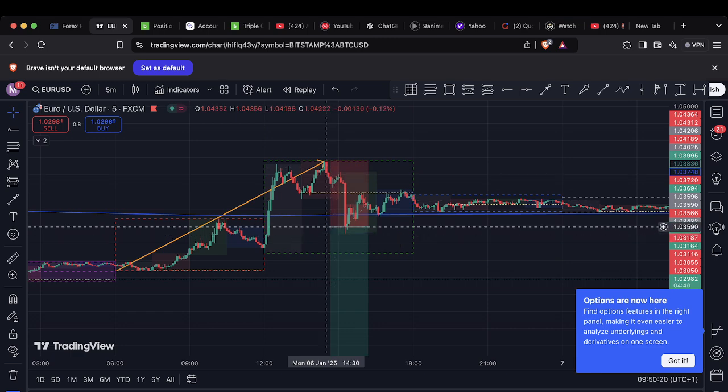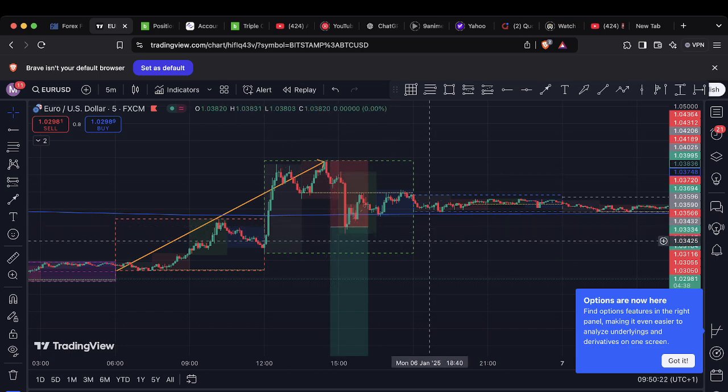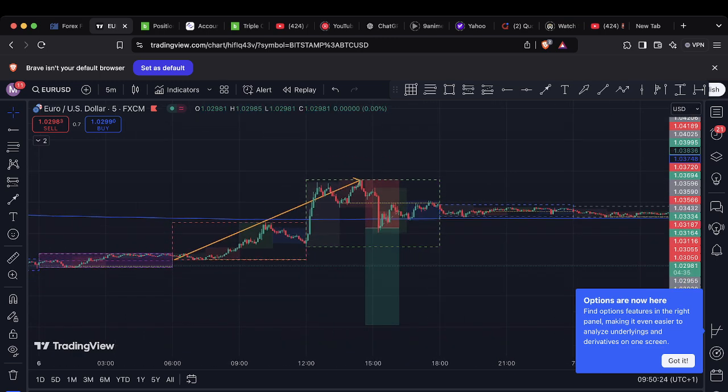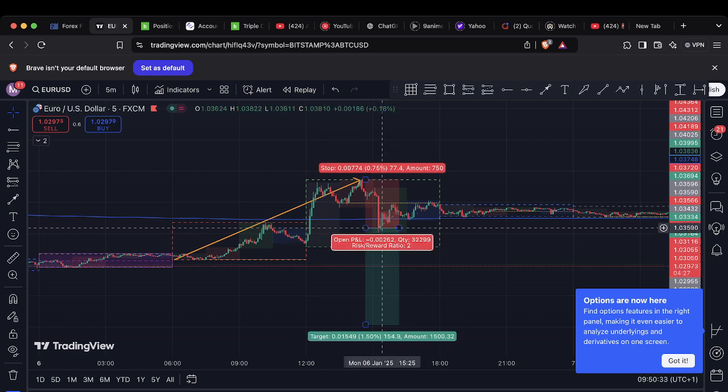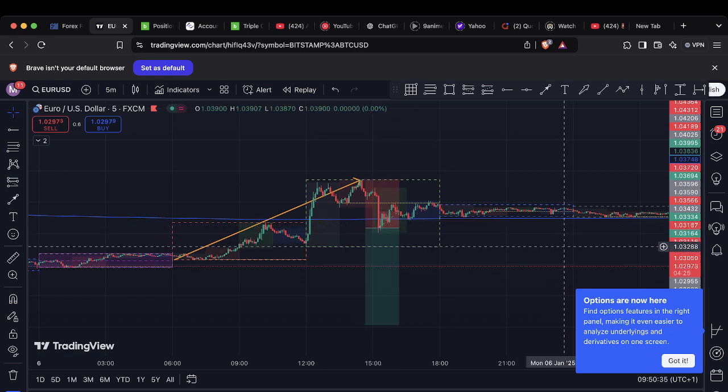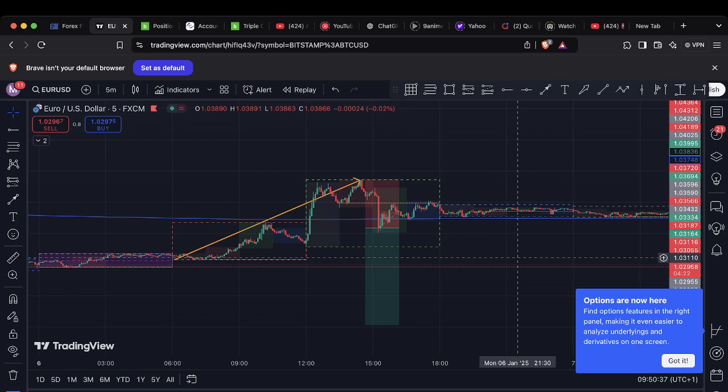Immediately I saw that, that's where you have your entry. And like I said, you always aim for 1:2. You see the risk to reward ratio there is 2. So that means if you're risking $100, you stand to make 200%, which is a $200 gain on it.